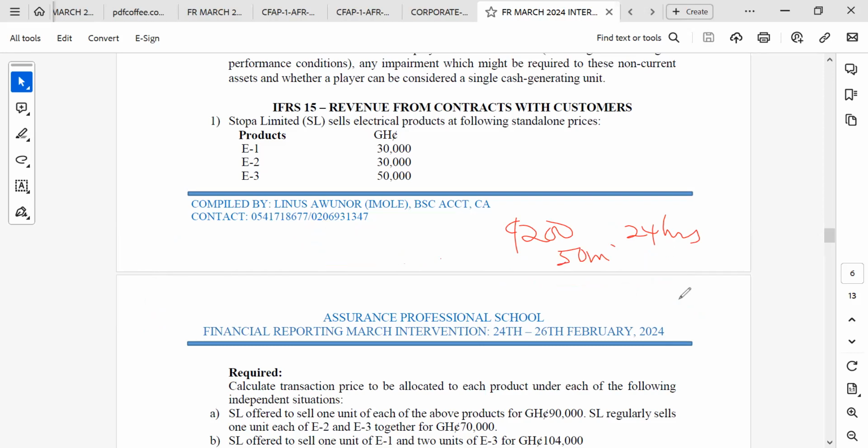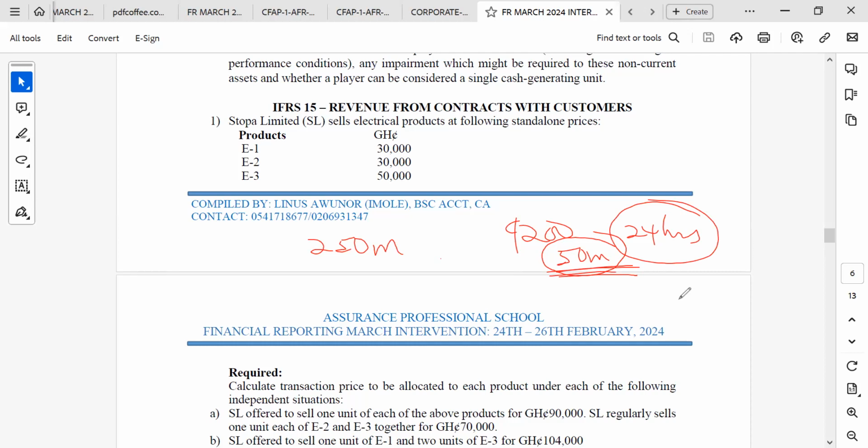You can only include this particular 50 as part of the amount that you are charging me if you are sure that you'll be able to finish within the 24 hours. So you can only say the contract price is now 250 if you are sure of completing the work before 24 hours. If you are not sure of completing it, you don't recognize it as part of revenue because it's based on a condition and you cannot be able to satisfy that particular condition.